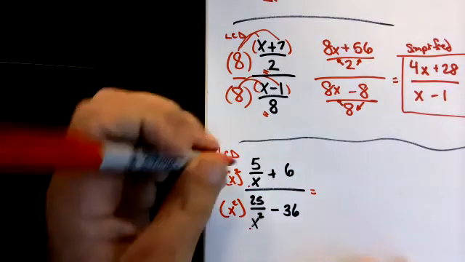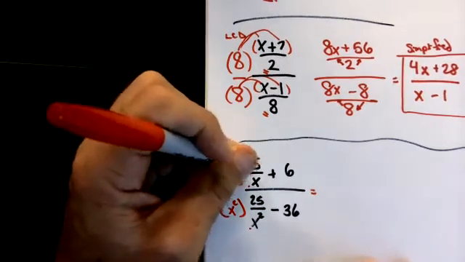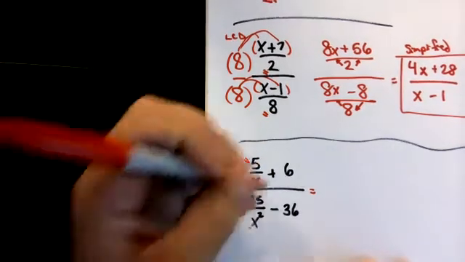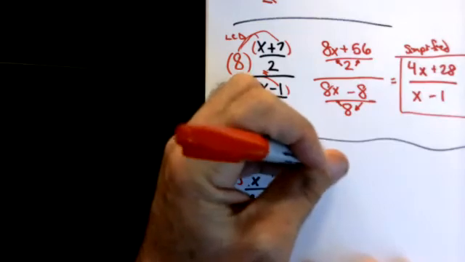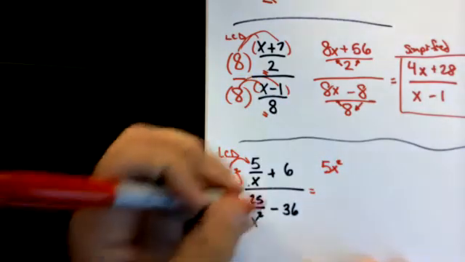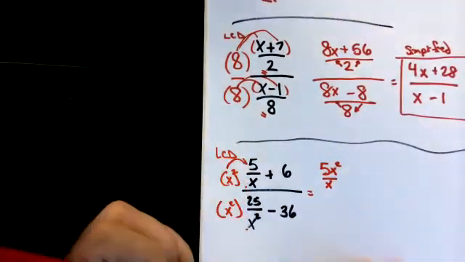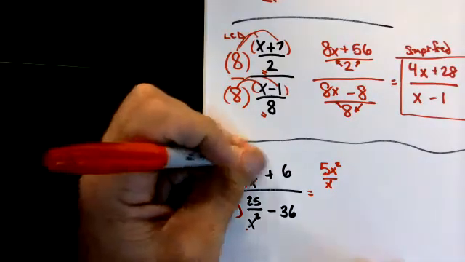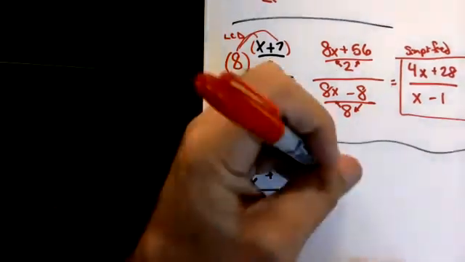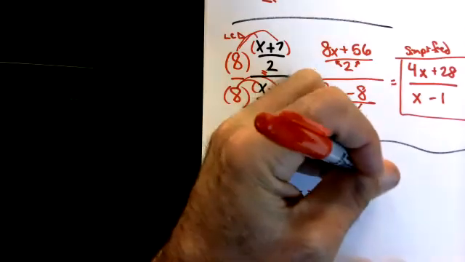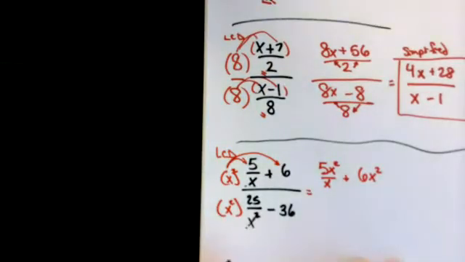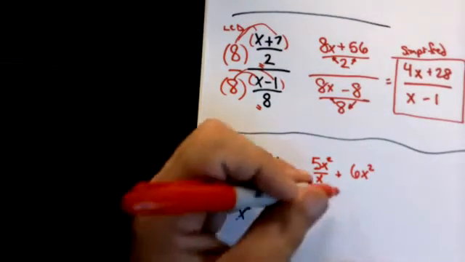And again, when we do that, we got to distribute. So if I take x squared times 5, that's 5x squared over x. And if I multiply x squared times 6, I get 6x squared. Sorry, it keeps going out of focus because my hand goes in front.